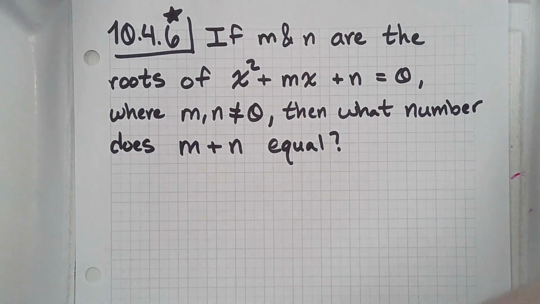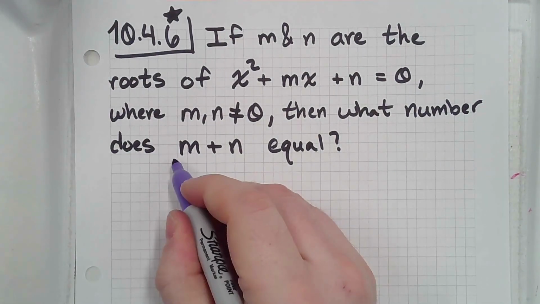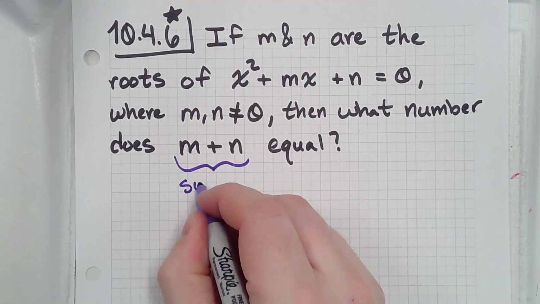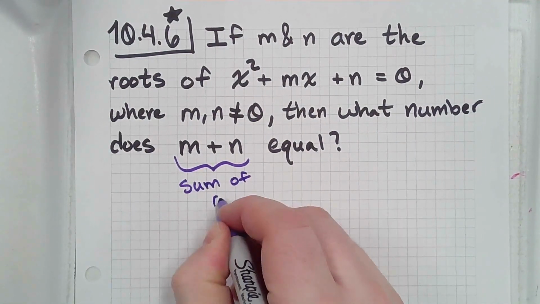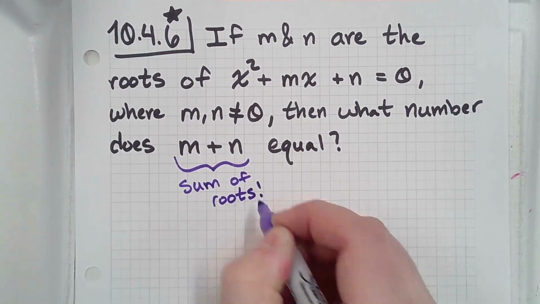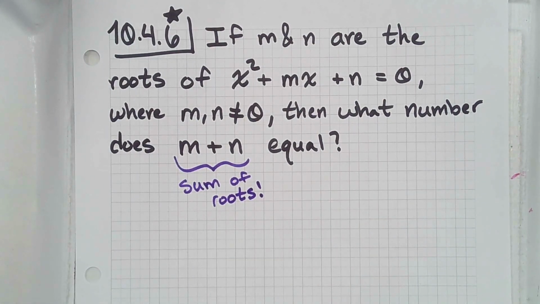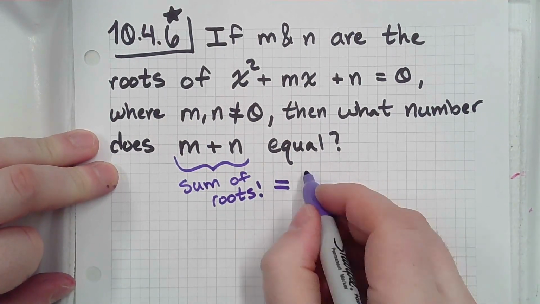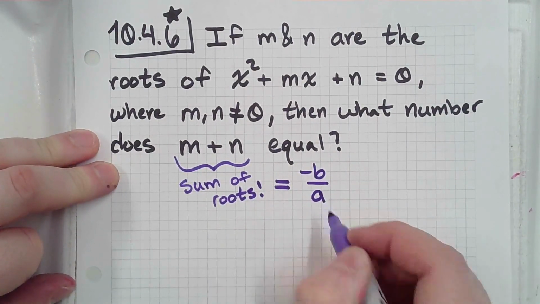And hopefully, you're thinking like this. Since m and n are the roots, this is our sum of roots. So they want to know what the sum of roots equals. Well, the sum of roots always equals negative b over a.